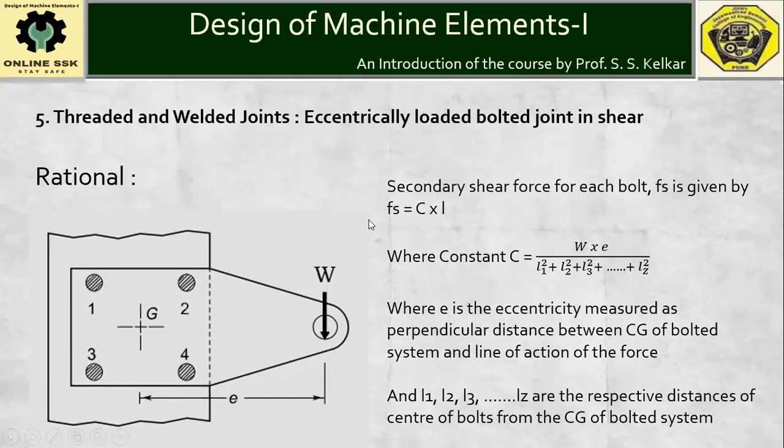This secondary shear force will be calculated as Fs is equal to C multiplied by L, where C is a constant and L is the distance of that particular bolt from the CG.